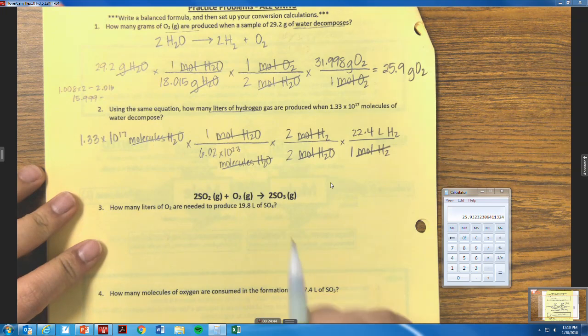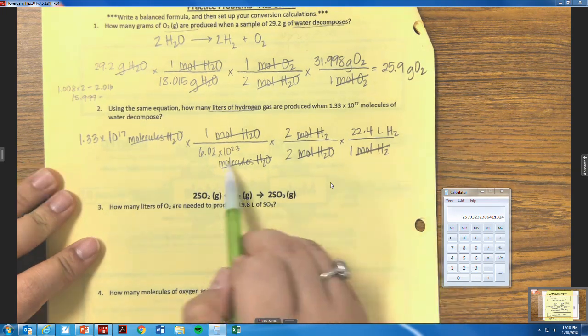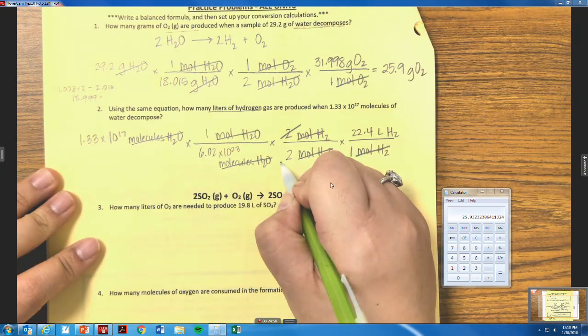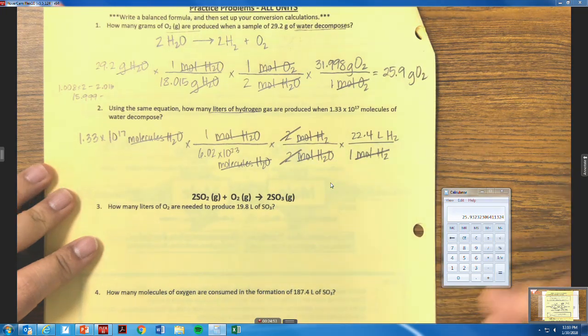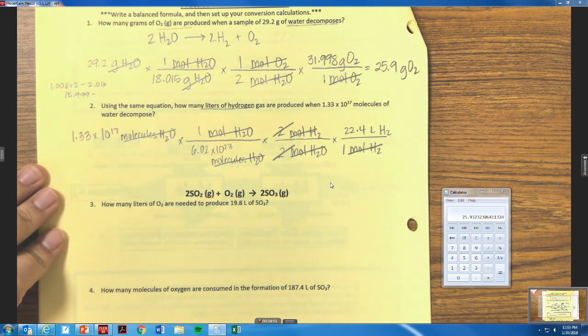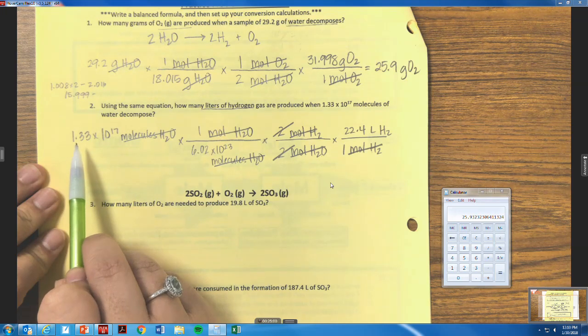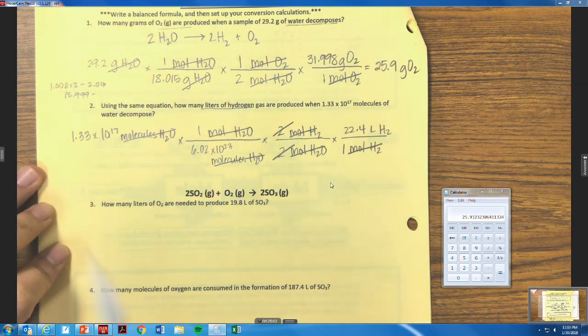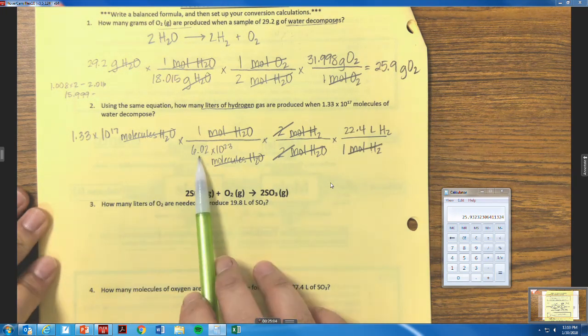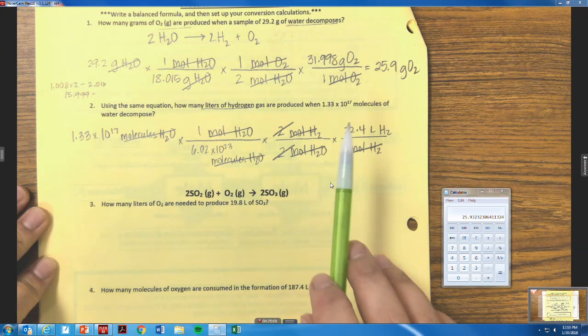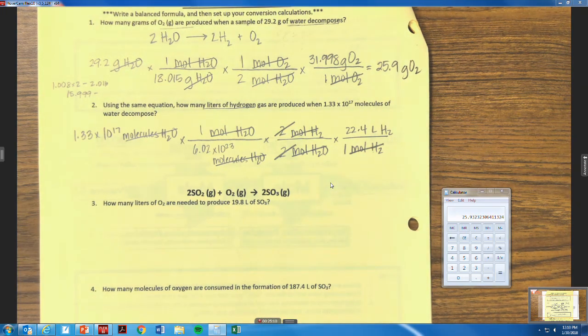But before I start calculating, I can also cancel out 2 divided by 2, because that is just 1. So what I'm really left with is 1.33 times 10 to the 17th divided by 6.02 times 10 to the 23rd, then multiplied by 22.4.